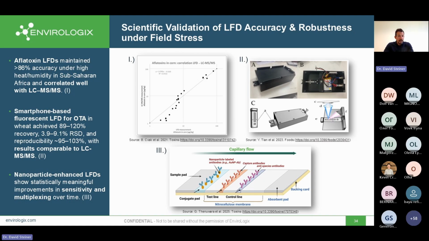And this high surface area and signal amplification provided by these nanoparticles mean that even very low concentrations of the toxin can produce a detectable response. And this allows earlier detection and also improves reliability, especially in challenging field conditions.